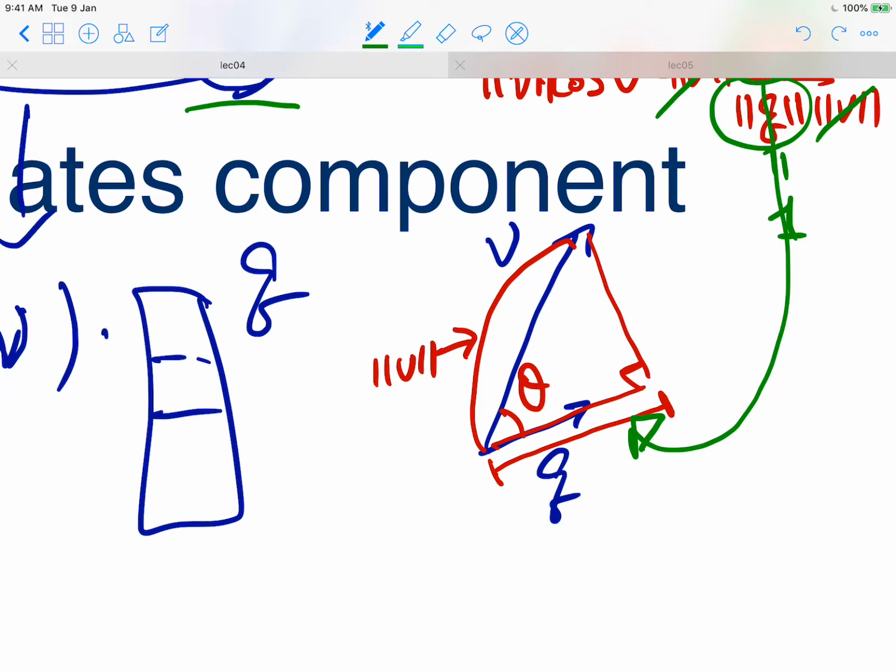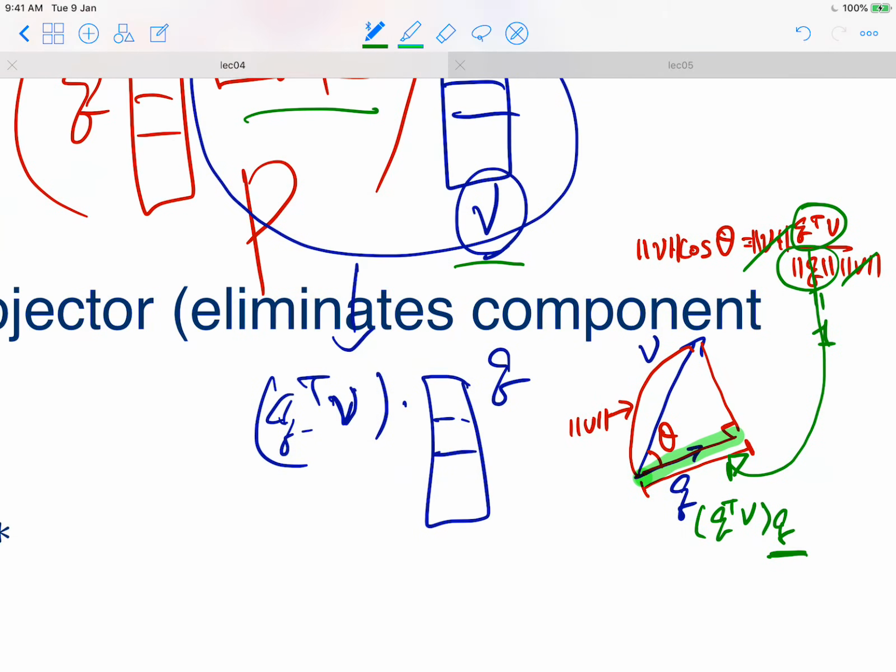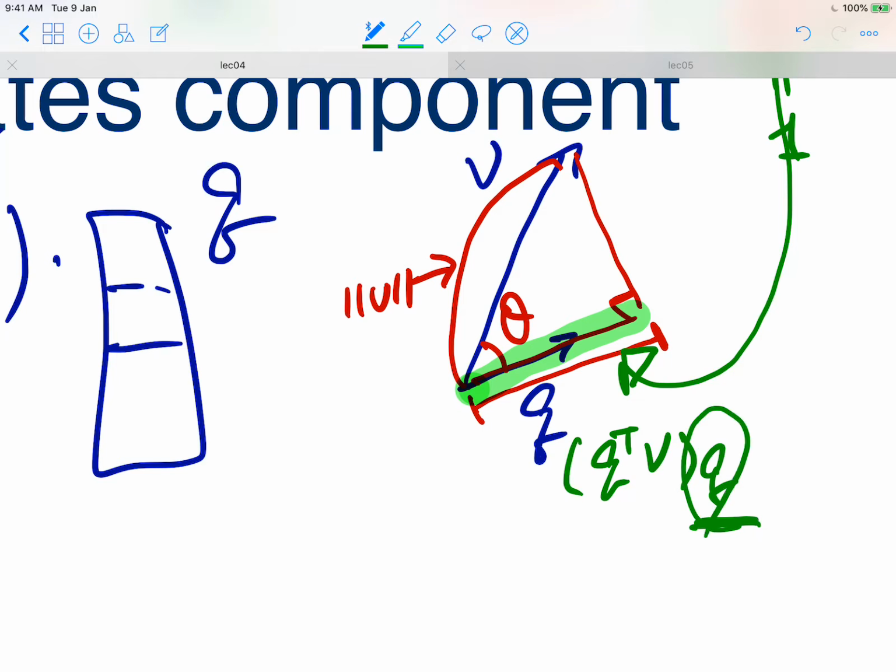So in this case, what is the direction? The direction is Q, which has the length of 1, right? And what is the length of this vector corresponding to this line segment? Q transpose V is the length of that line segment, right? So you can view this projection as these two parts: first computing the length of that projection, and then we just impose a particular direction, which is our Q, right?